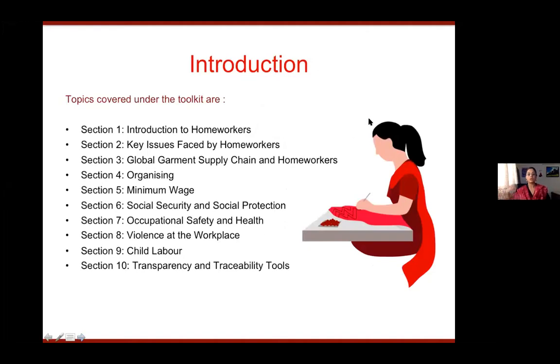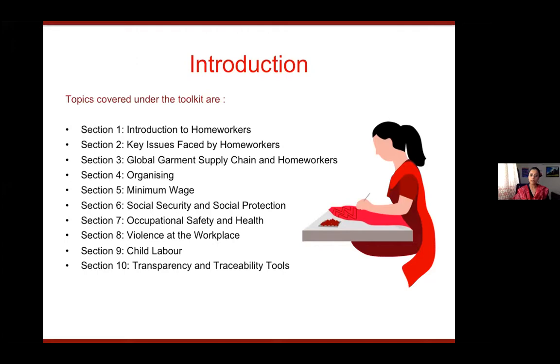Now, we have 10 chapters in this toolkit, and we decided on these 10 chapters depending on the needs of our members. The first chapter is an introduction to home workers. The second is about key issues faced by home workers. The third is on the global garment supply chain and home workers.